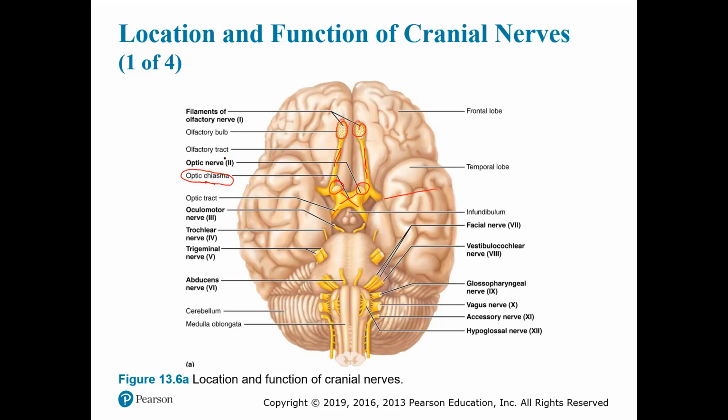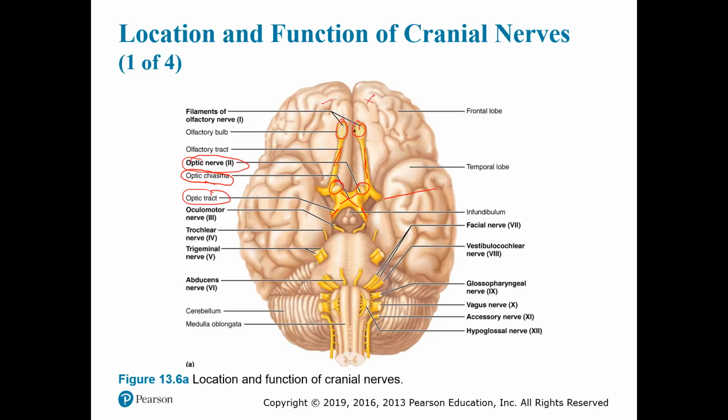So know the difference between the optic nerve, which is in front of the chiasm, and the optic tract, which is behind, because the tract brings that information from that nerve to the visual cortex, which is in the occipital lobe. So get your bearings, make sure you know this is the frontal lobe.